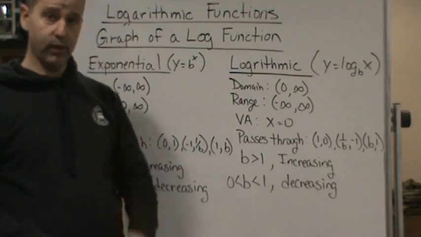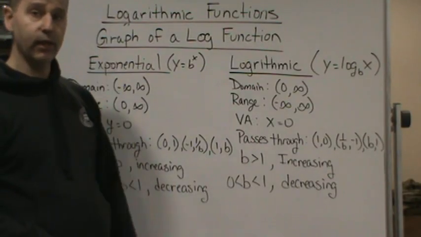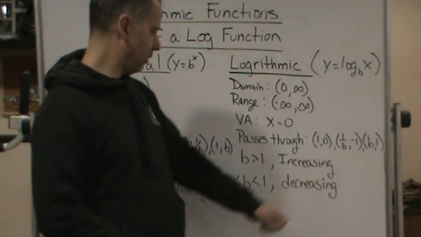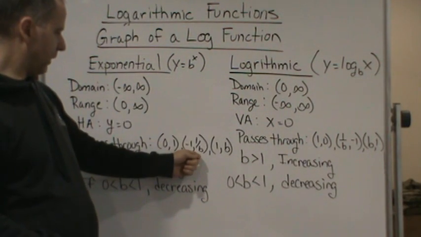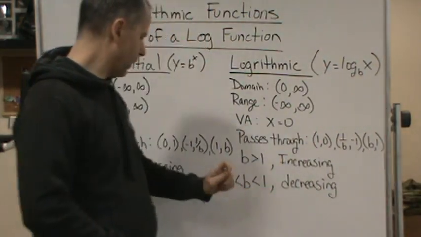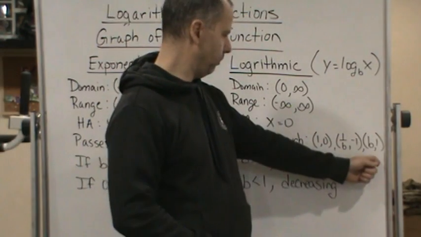So the x and y coordinates are switched. So (0, 1) here, (1, 0) here. (-1, 1/b), (1/b, -1). (1, b), (b, 1).